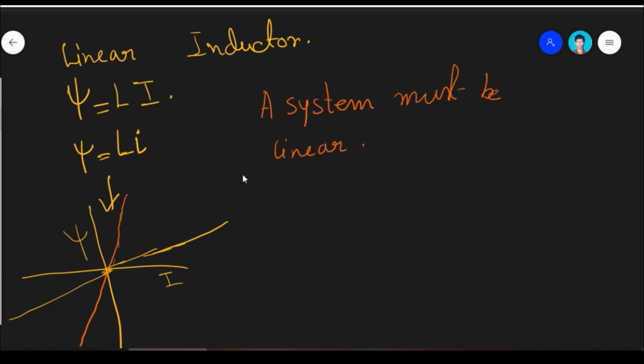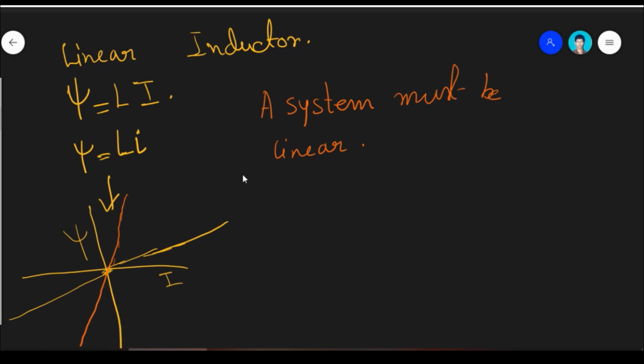Now, do you think that only linearity will serve our purpose? The answer is no. Linearity is a necessary condition for drawing a phasor diagram, but not a sufficient one. Then what is the other condition, or what are the other conditions we should consider?